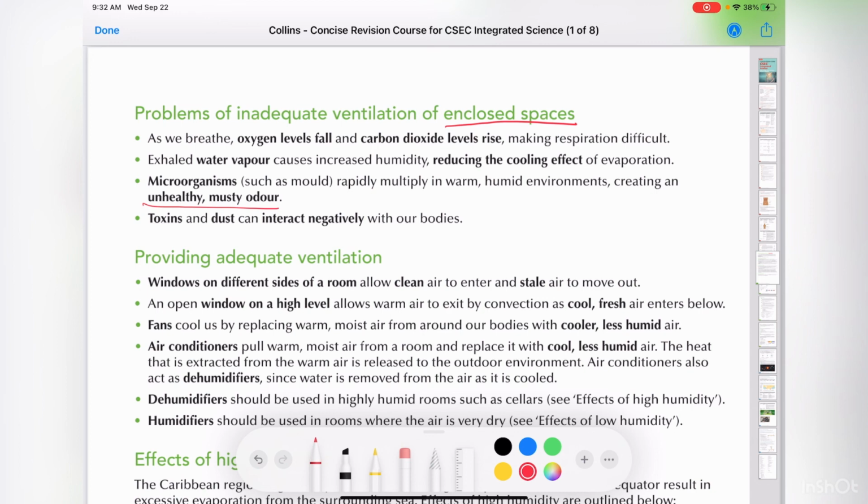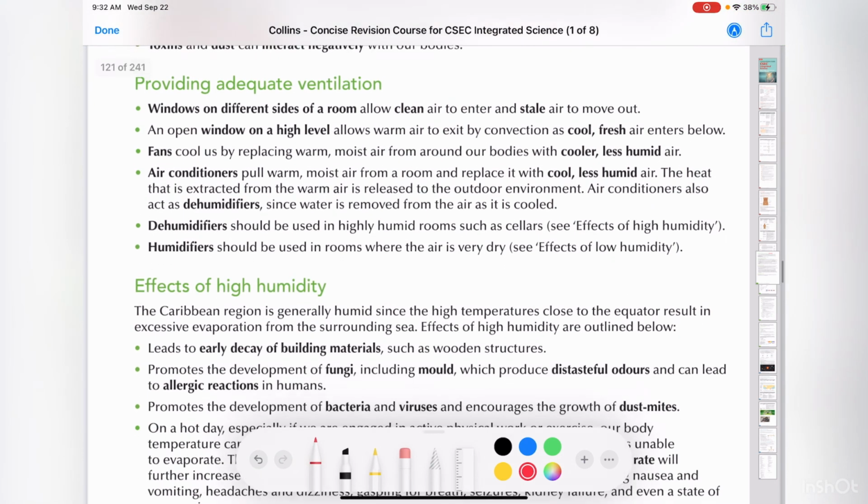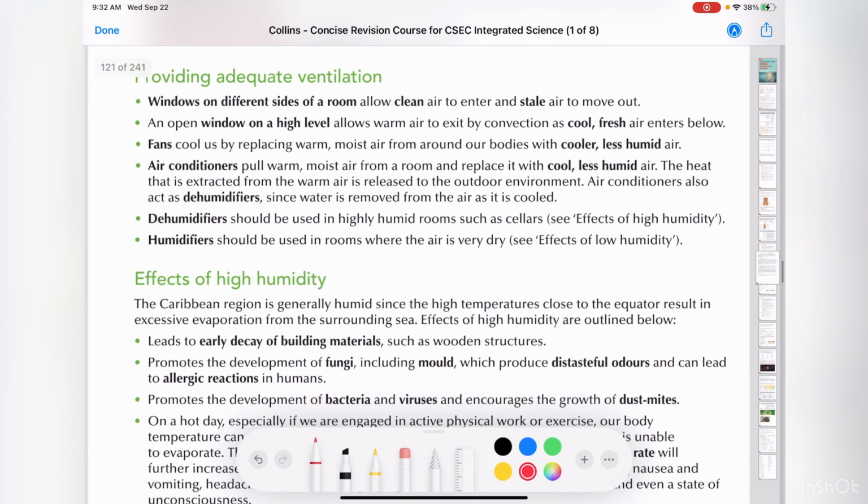Toxins and dust can interact negatively with our bodies. So providing adequate ventilation, you can read through this on your own. Have enough windows on different sides of the room that you can open up.